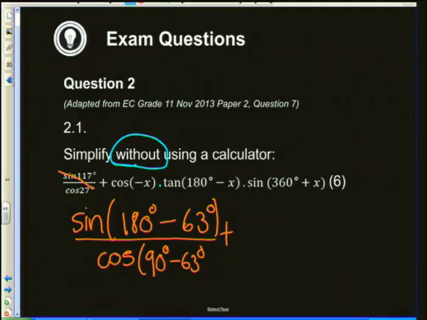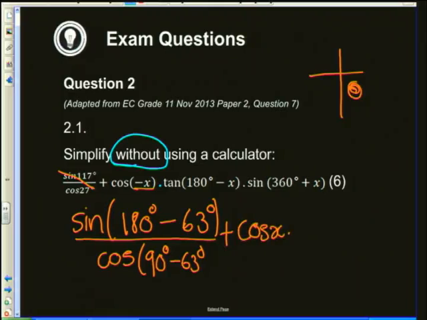Plus cos of negative x. Negative x is in quadrant 4, and cos is positive in quadrant 4, so I can simply write that as positive cos x.